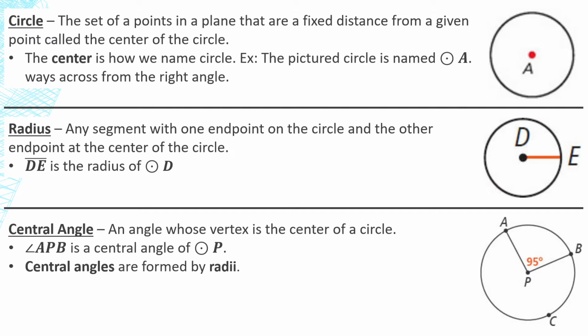So there you have it, central angle right here, APB, BPA, whatever you want to call it, but that's a central angle because the vertex is the center. Central angles are formed by radii, and in some cases by diameters, but mainly radii.